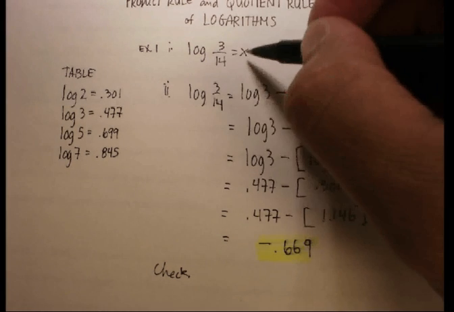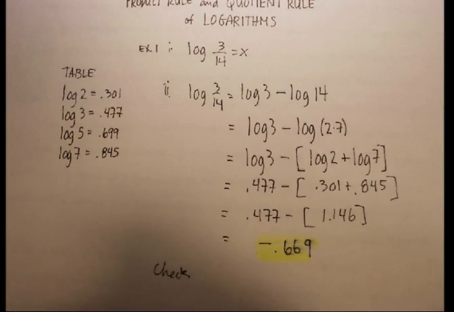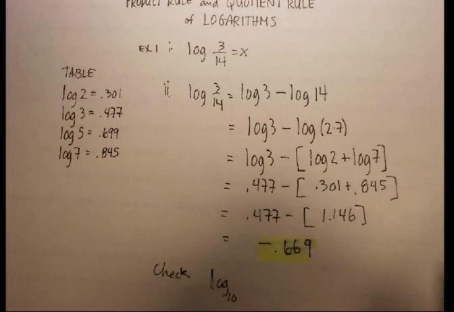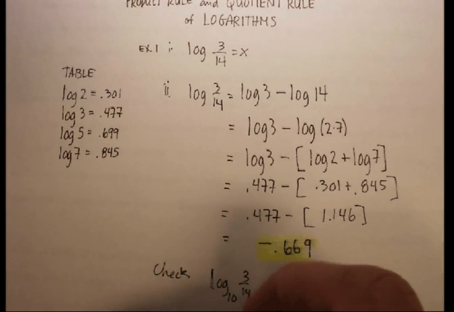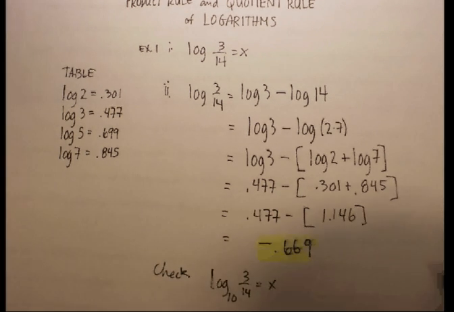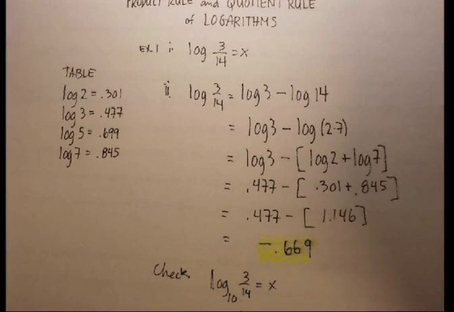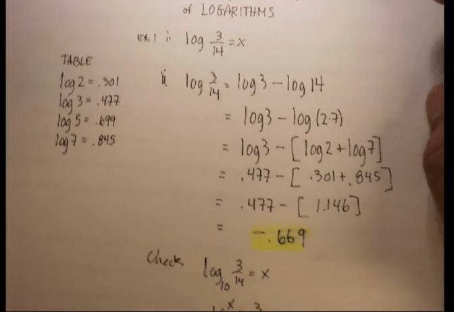We wanted to find the exponent that will make this true. So log, and I'm just going to write the 10 in here for convenience sake so that you can see it. This is basically saying, when I change it to the exponential form, it's like saying 10 to the x is equal to 3/14. Again, let's intuitively see if that makes any sense.